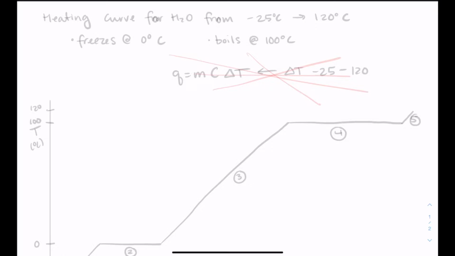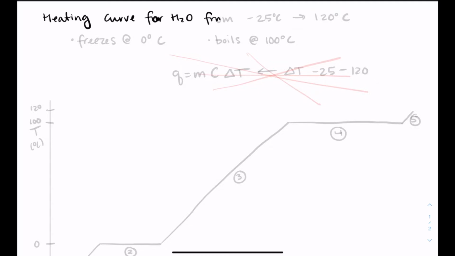So a common problem that comes up in this section is: draw a heating curve for water from negative 25 degrees Celsius to 120 degrees Celsius, or calculate the amount of heat needed to go from water at minus 25 degrees Celsius to water at 120 degrees Celsius.